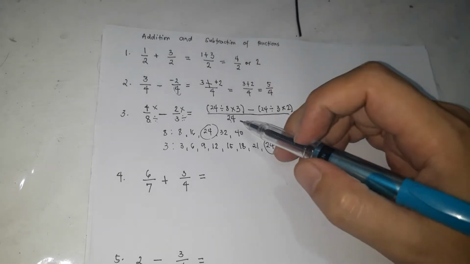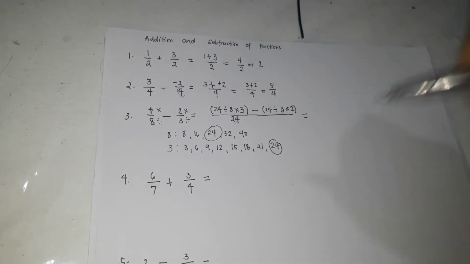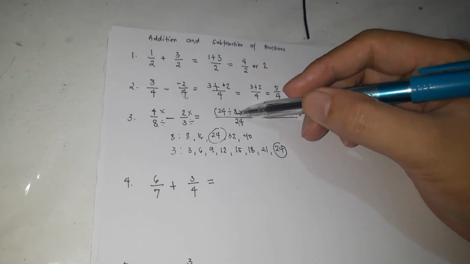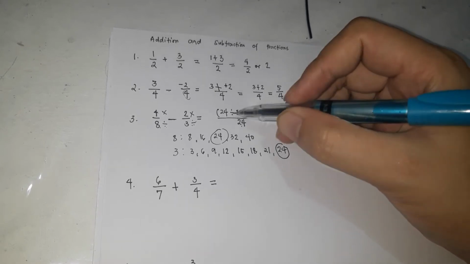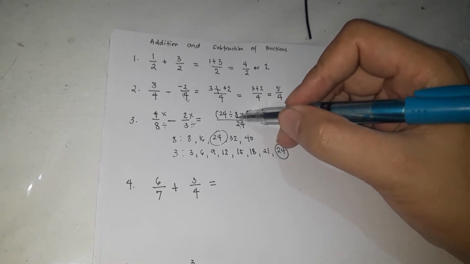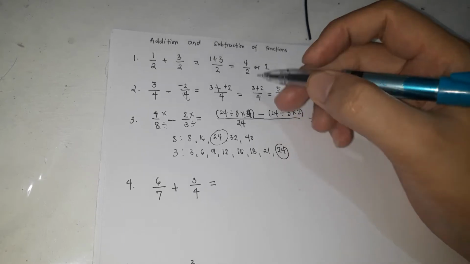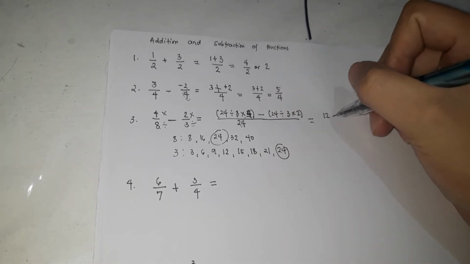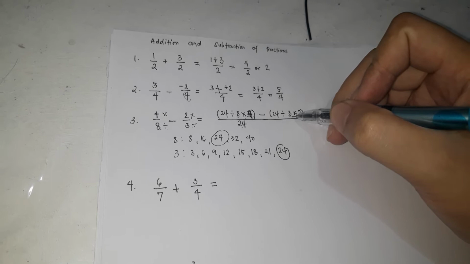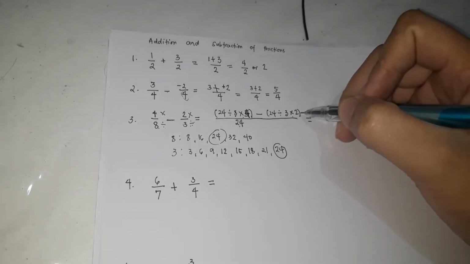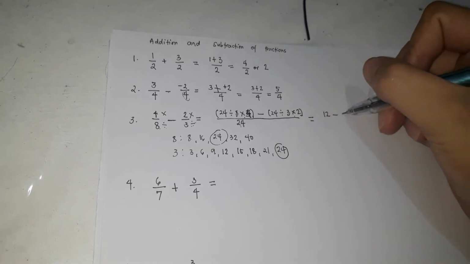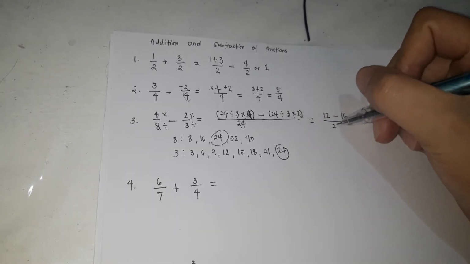I'm just going to write it there, but we're not going to write it later. So 24 divided by 8, it should be 4. 24 divided by 8 is 3, times 4, it's 12, minus 24 divided by 3, that's 8, times 2, it's 16 over 24.